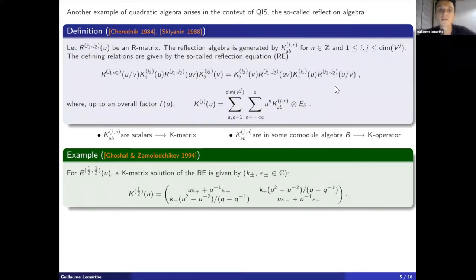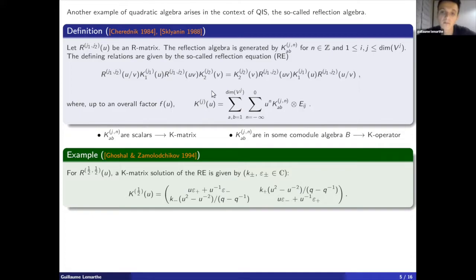So actually, there is another example of a quadratic algebra, which is called the reflection algebra. For R a solution of the Yang-Baxter equation, you have the so-called reflection equation given by this form, R K R K, where K is given by this form.